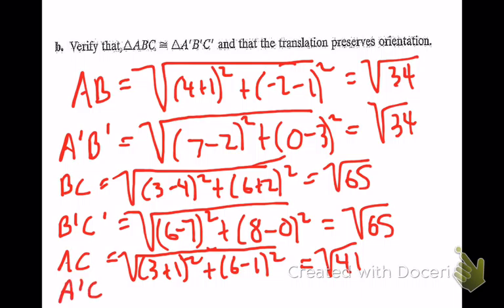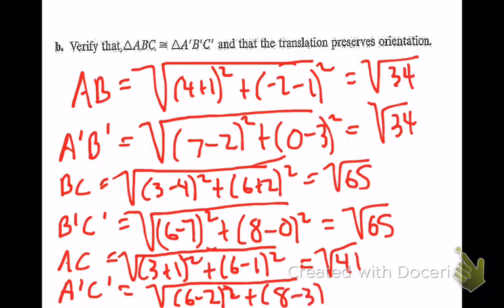A prime C prime is equal to the square root of 6 minus 2 squared plus 8 minus 3 squared, which is equal to radical 41.